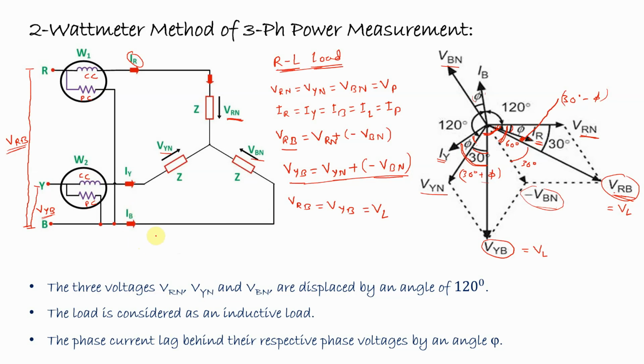So we can say the reading of the first wattmeter should be the voltage across the pressure coil, that is VRB, the current flowing through the current coil, that is IR, and the angle between this voltage and this current, that is 30 degrees minus phi.